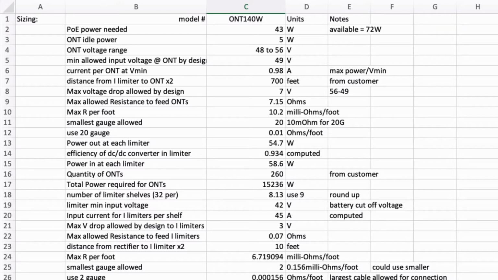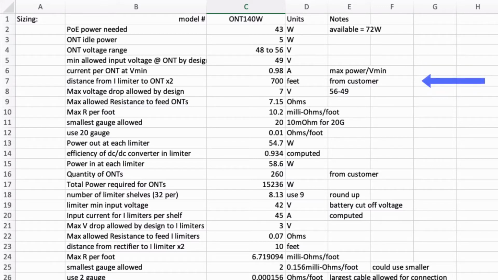To allow for connector losses, I'll use 49 volts as the minimum for the ONT, even though the spec allows 48 volts. The maximum input current is computed by adding up the load power and the idle power and dividing both by the minimum input voltage.